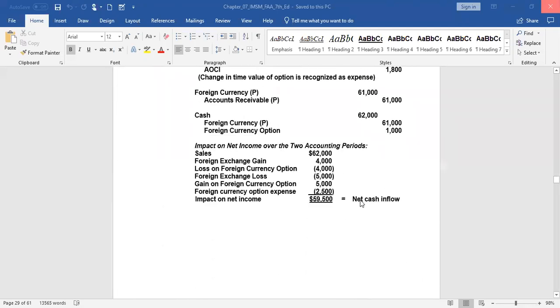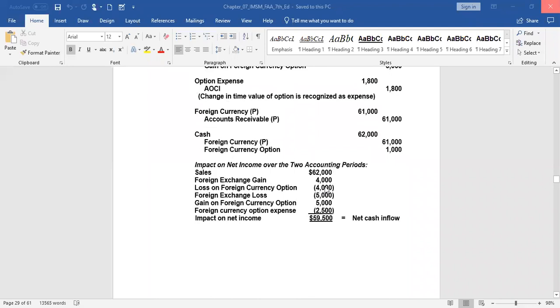And that's it, $2,500. So when you're using your option as a cash flow hedge, the effect on net income is very minimal. Really, it will only be any expense associated with the option due to the change in value, and having to use it, because what's that $2,500?